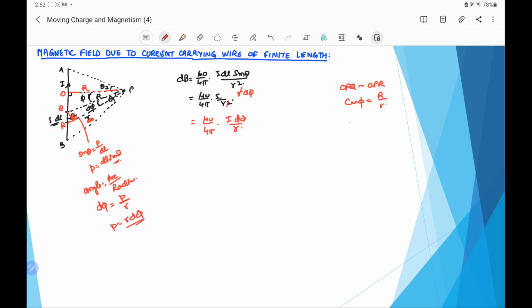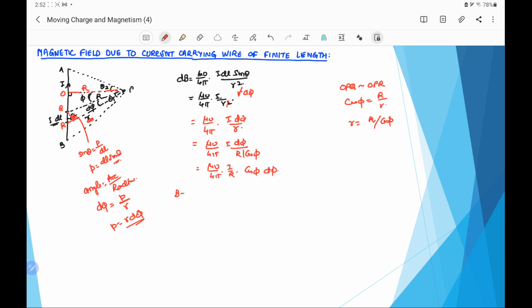Therefore, this small r can be written as R by cos phi, and substituting the value of this r, we will have mu naught by 4 pi I d phi by R by cos phi, or we can write it as mu naught by 4 pi into I by R into cos phi d phi.